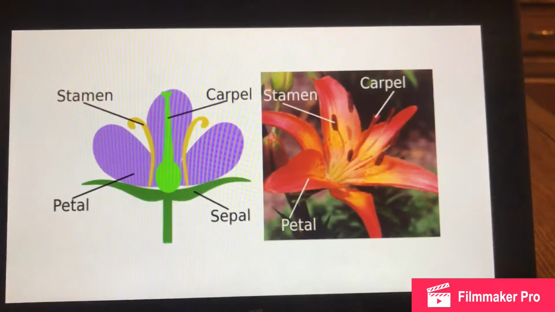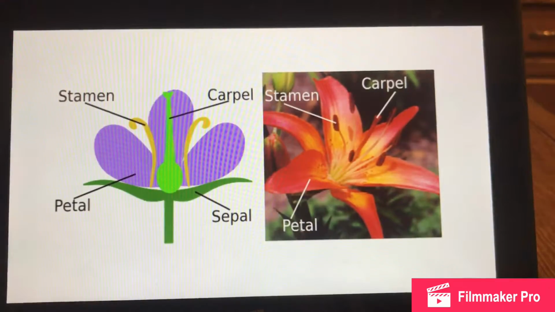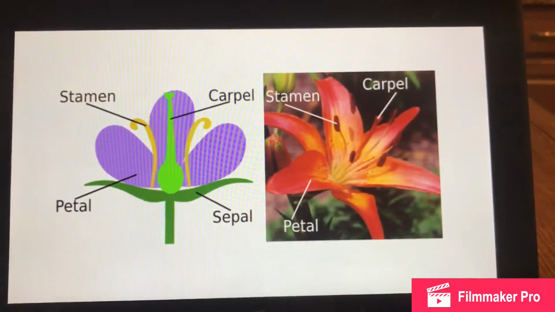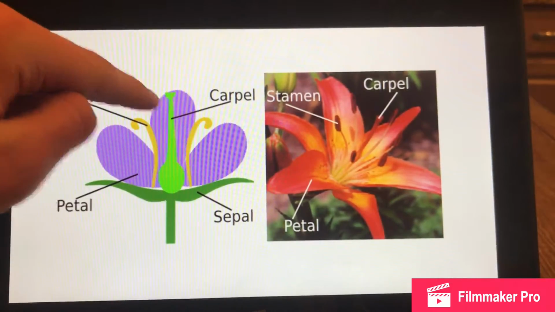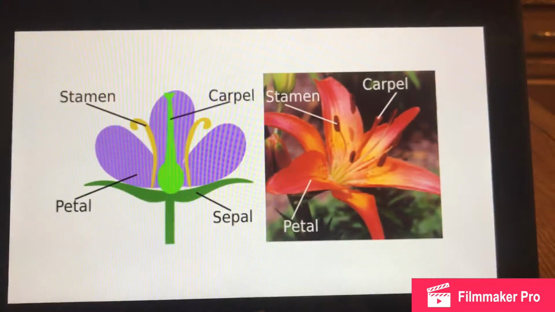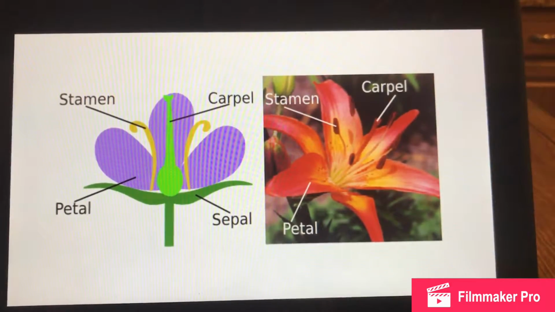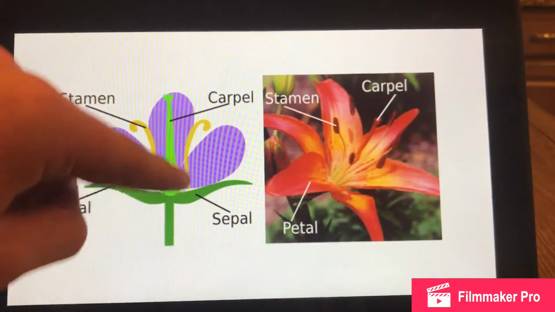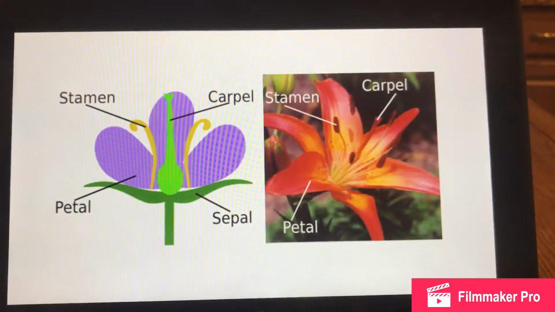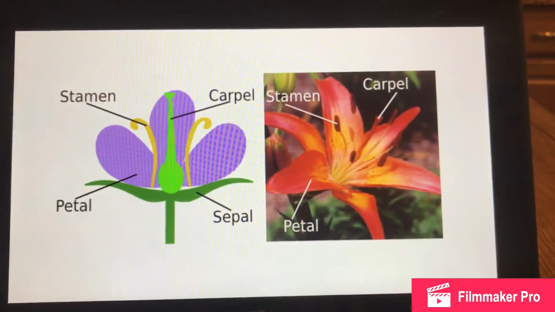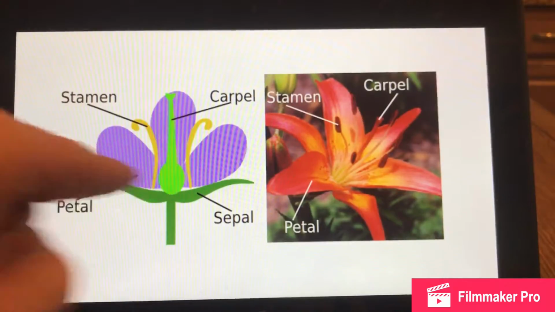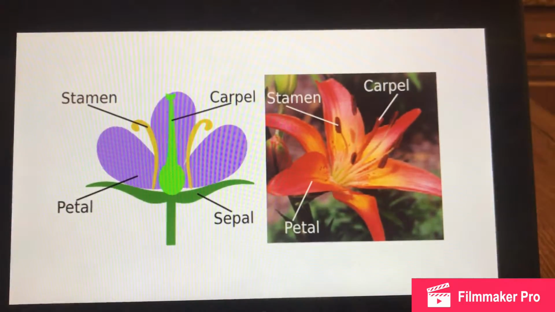The female reproductive organ, or the carpel, is the stigma, which is the sticky landing site up at the top here for the pollen grains from the anther, and the style is the tube that leads down to the ovary, and the ovary contains the ovules that develop into seeds, right in there, that little green circle.